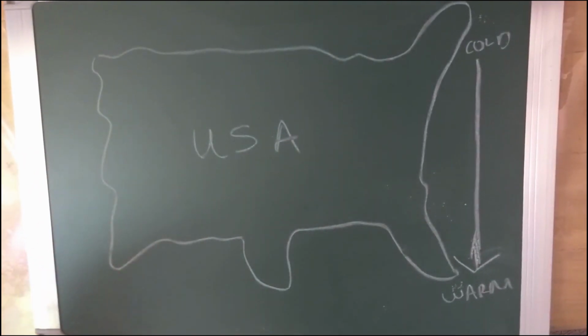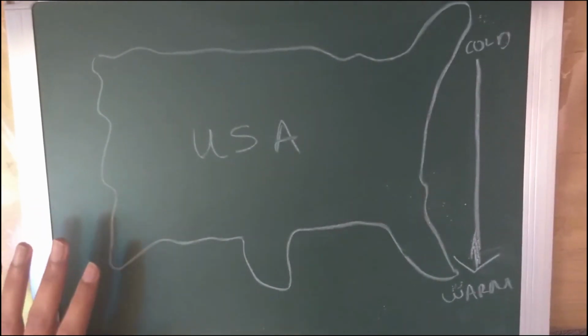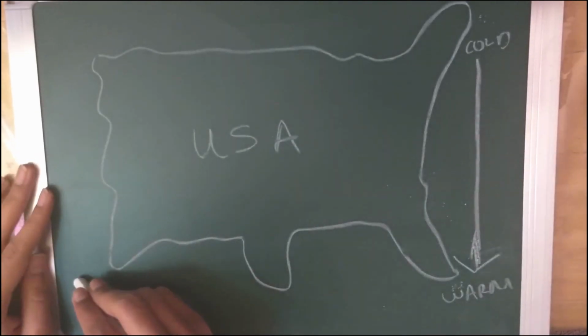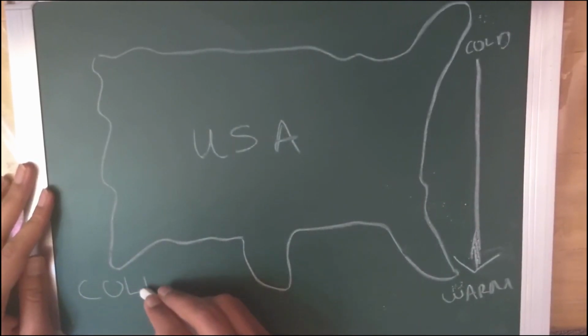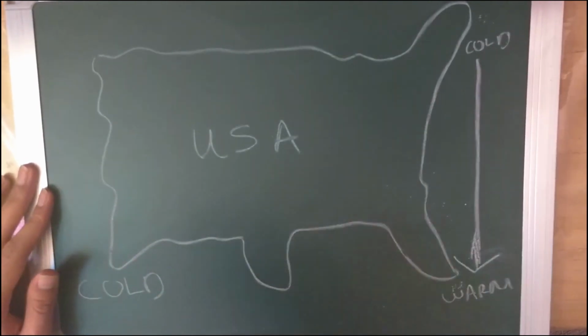Now, for the purpose of this example, I'm going to assume something that's geographically inaccurate, but it will help us understand. So I'm going to say it's really warm down here in Florida, but for whatever reason, in the Southwest here in Southern California, it's cold there, okay? And we say that as we go from east to west down here, it gets colder.